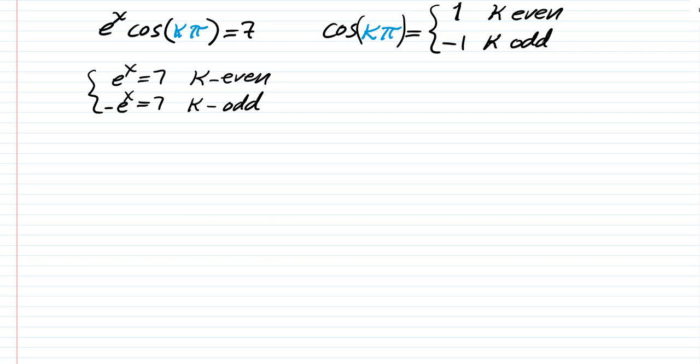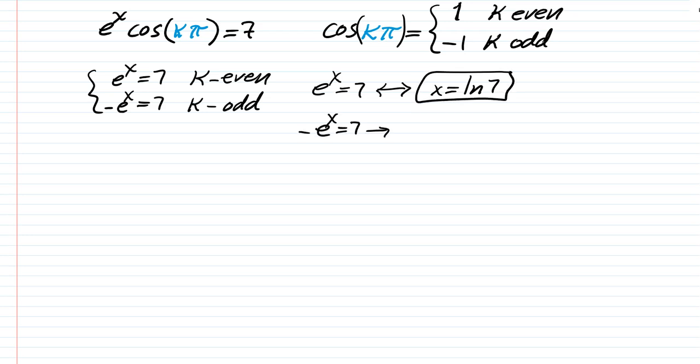Well, e to the x equals 7. Rewrite this using logarithms. That means x is equal to natural log of 7. Negative e to the x equals 7 means multiply both sides by -1, e to the x equals -7.